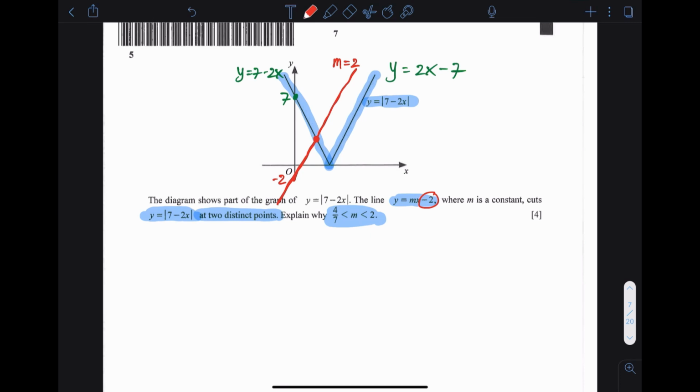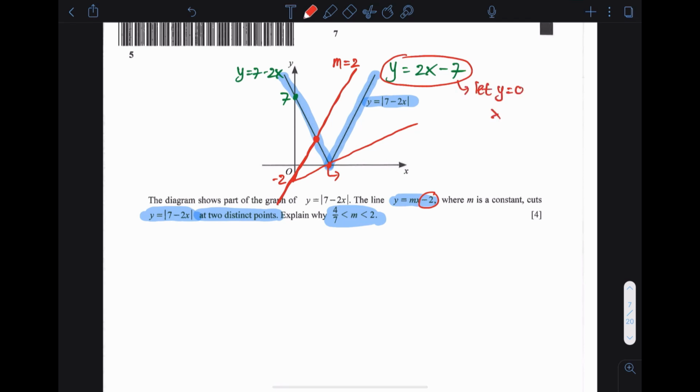On the next occasion, I need to consider the case where they intersect only one time again, but on this occasion they cut exactly here, because this is the moment that they're still intersecting one time only. Now let's find out where this value is exactly. Since we are using the line over here, we can let y equals 0.